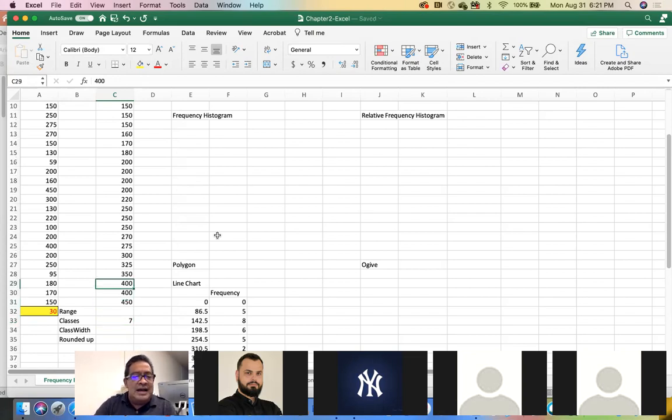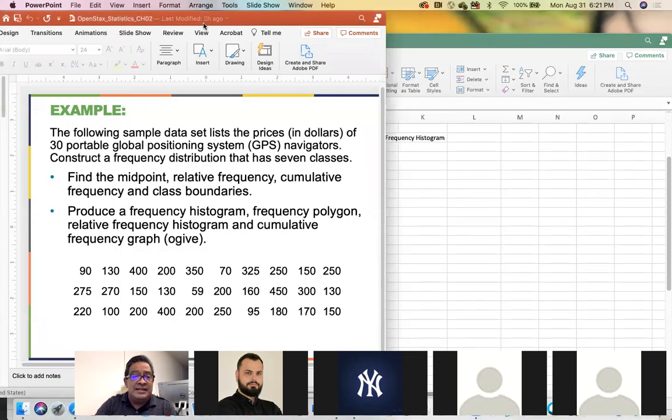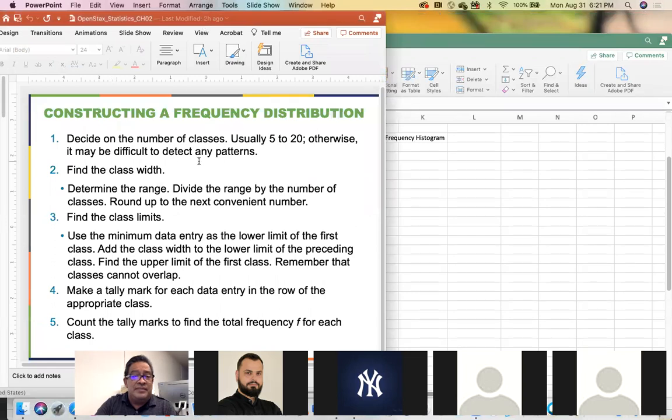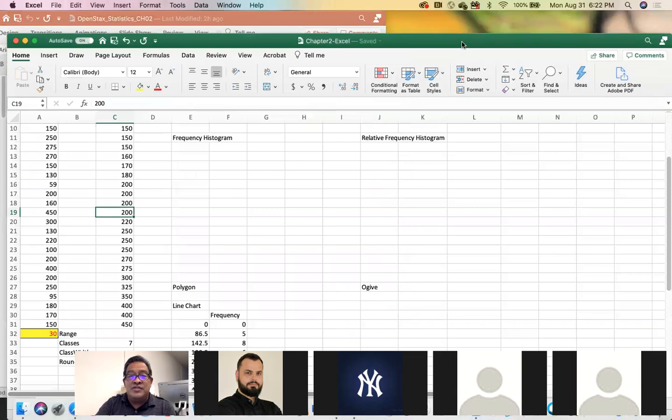Remember that one of the things that we were looking at is that we have to decide how many classes. The exercise is asking for 7 classes. So we are gonna find the class width, and it says divide the range by the number of classes. So we have to find the range first.